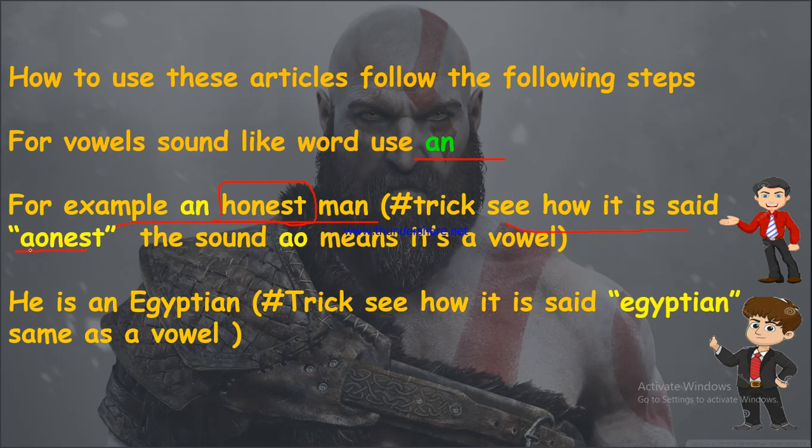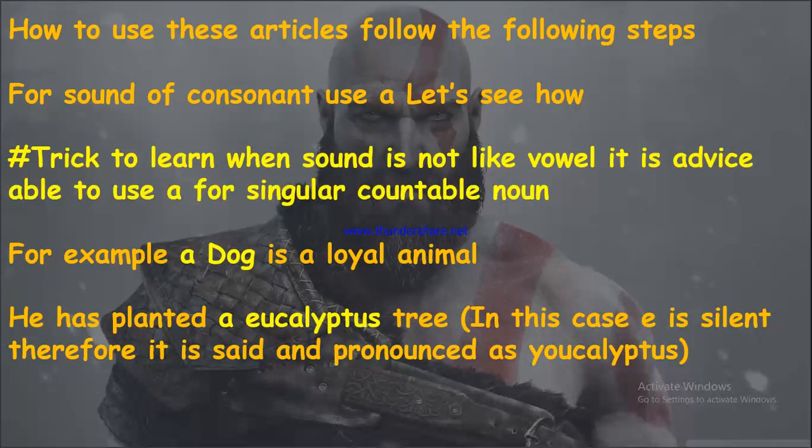Honest means an O sound is coming, and wherever the word sounds like a, e, i, o, u, there we use an. Let's take another example, Egyptian. We read it the same way, Egyptian, therefore we use an. You have to see just this word, not any other part of the sentence.